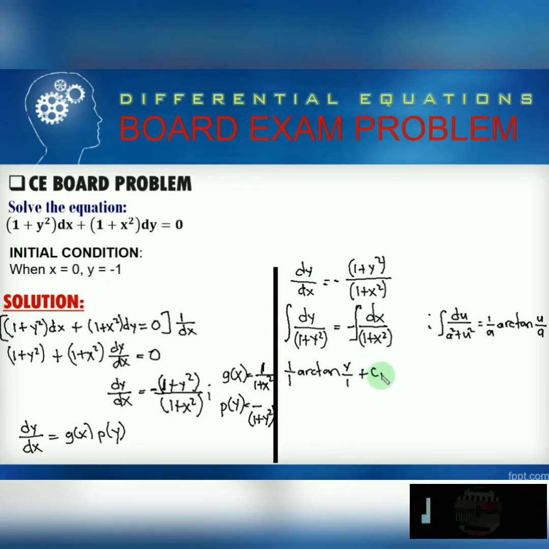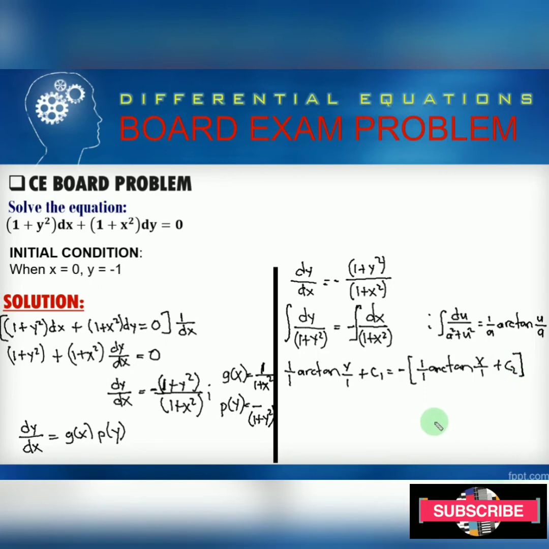Okay, so this is now for this side, this integral, and for the integral of this dx over 1 plus x squared, so we will have this negative. Now we will extract the negative, so we have again 1 over 1 arctangent of your u. Your u here is your x, x over 1. Okay, plus your constant we will assign as c2.